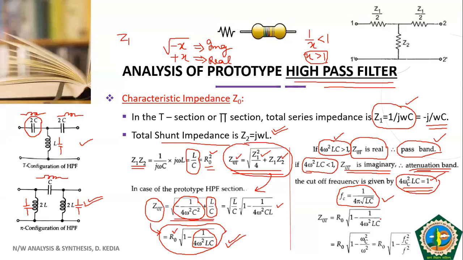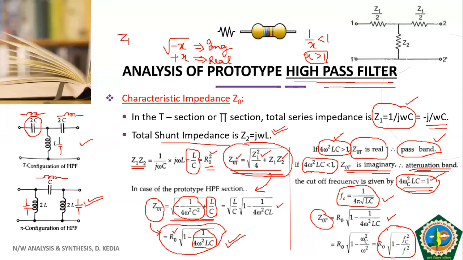There is a difference. So this is your cutoff frequency and this is your characteristic impedance for T section. And here again, you can substitute the value of FC in this expression and you get Z naught T equal to R naught under the root 1 minus FC upon F. So this characteristic impedance has now been expressed in the form of cutoff frequency, and F is the general frequency.